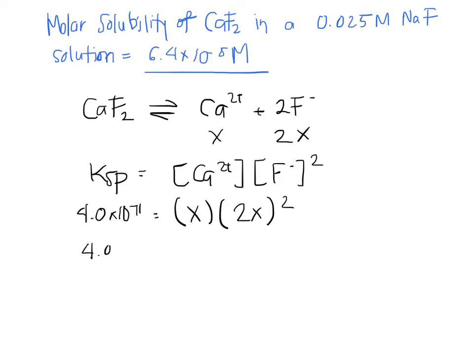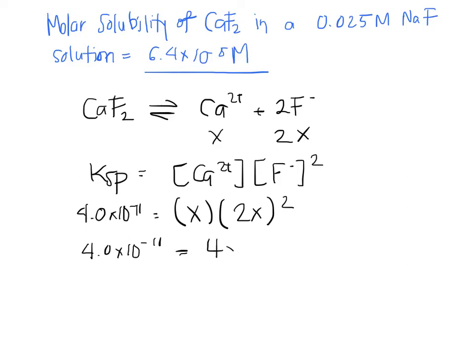So 4.0 times 10 to the negative 11 equals x times (2x) squared, which is x times 4x squared, which is all equal to 4x cubed. I'm going to erase it just to make it neater.